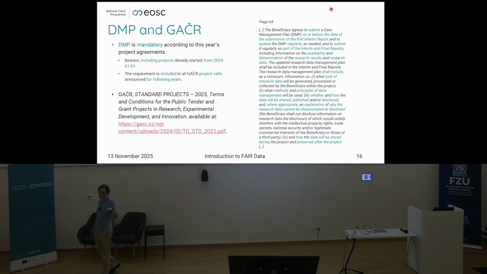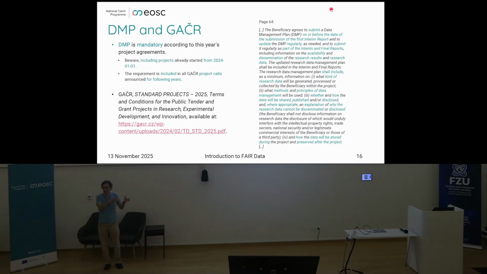It's completely valid that at the beginning of the project, or when you are preparing the application for the project, you have some plan, but after 2 years, you have different software, maybe you changed some instrument, and it's completely valid that the plans or practice of handling data has changed.